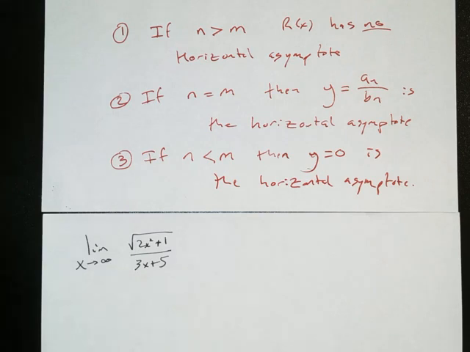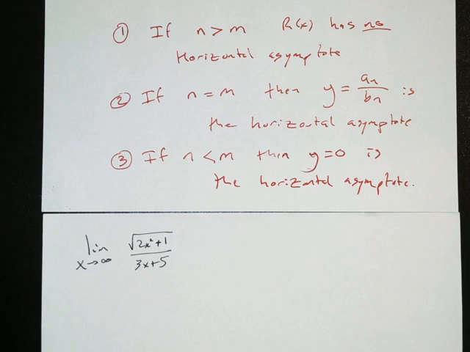But what is the highest power of x in this problem? I heard somebody say 2 and I heard somebody else say 1. Is it 1 or is it 2? I do see an x squared, but that x squared is under a square root, and that cuts it down to 1. That sneaky little square root is kicking back at me.